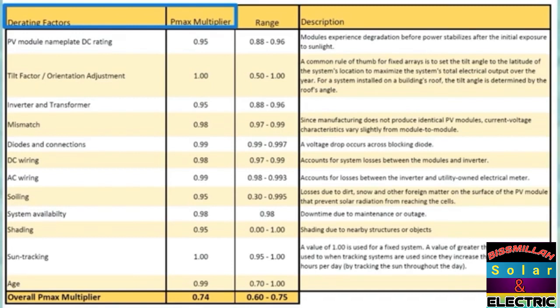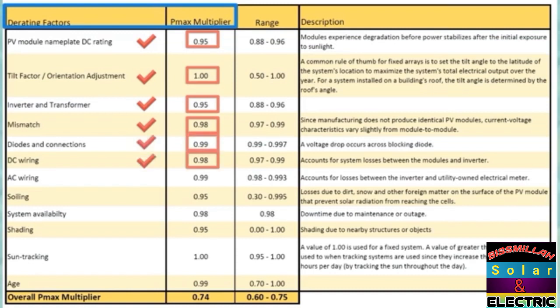The factors are PV module nameplate DC rating, tilt factor, inverter and transformer, mismatch, diodes and connections, DC wiring, AC wiring, soiling, system availability, shading, sun tracking, and age.